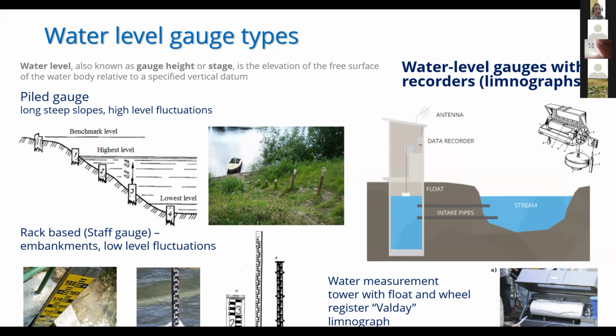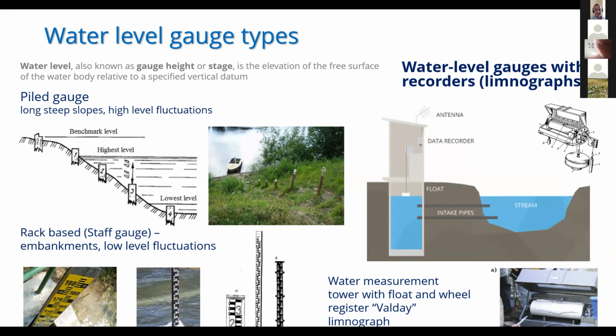The most widespread manual water gauge types are the pile gauge and the staff gauge. A pile gauge should be installed on the banks, on steep slopes, on rivers with high water level fluctuations. If the water level fluctuation is not very high, it can be a rack-based gauge.